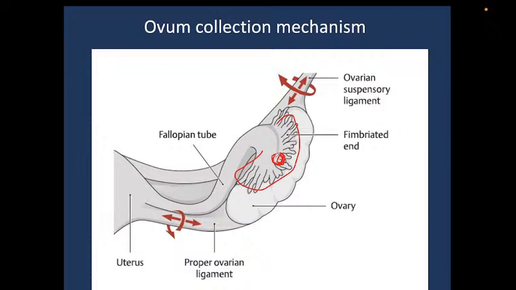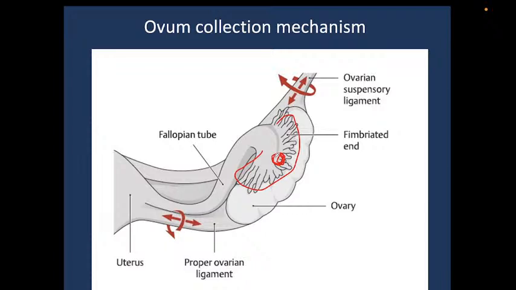And usually oocytes must encounter sperm during the first 12 or 24 hours after sexual contact between men and women, and this process is called fertilization, when the oocyte combines with only one sperm cell.